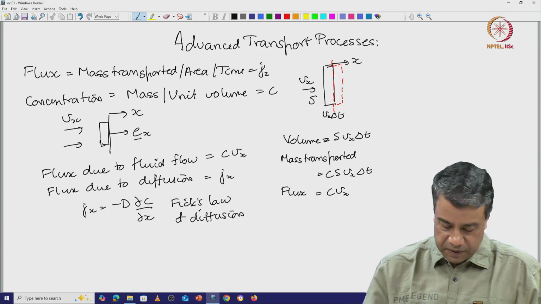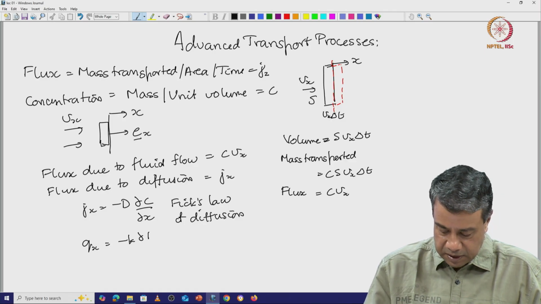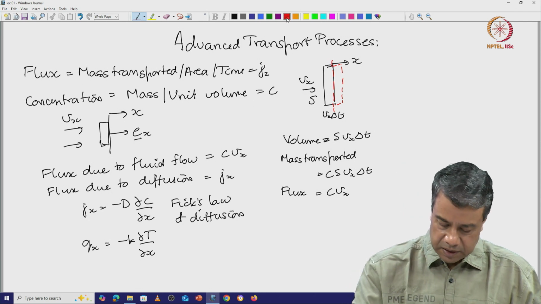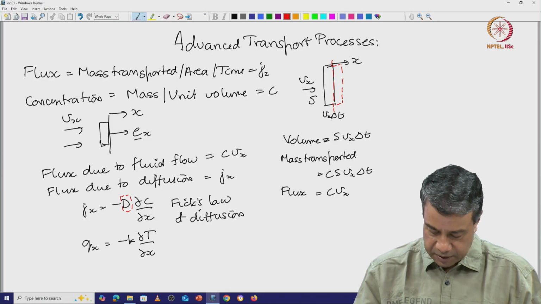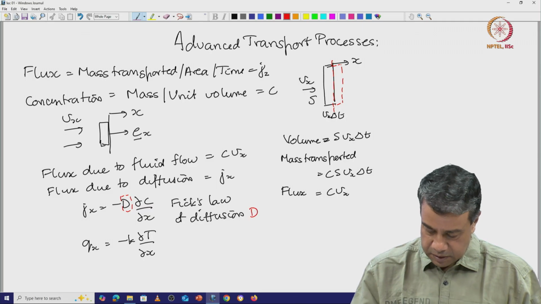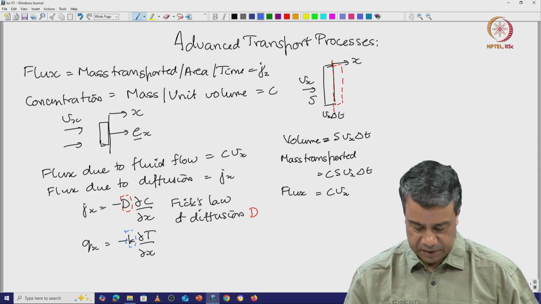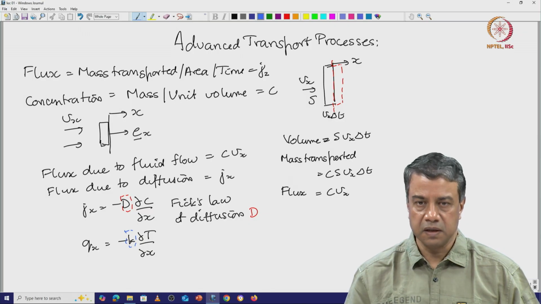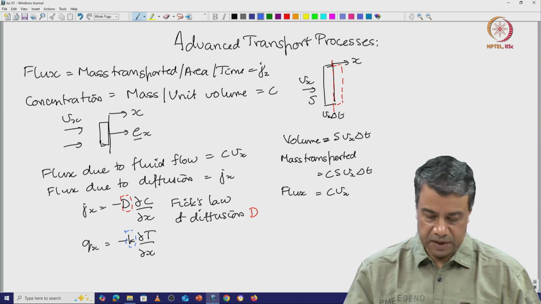For heat transfer, the heat flux Qx is equal to minus k times partial T by partial x, where k is the thermal conductivity. Note that in this case D is the mass diffusion coefficient, and this k here is the thermal conductivity. The negative sign is there because mass is transported from a region of higher concentration to a region of lower concentration. Heat is transported from a region of higher temperature to a region of lower temperature. That is the reason for this sign.